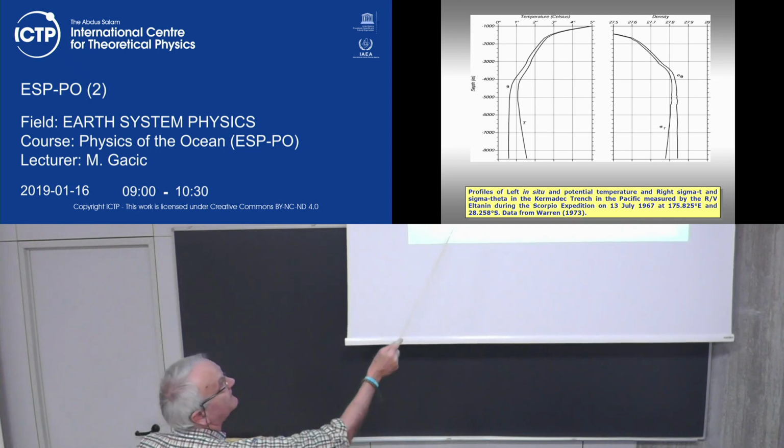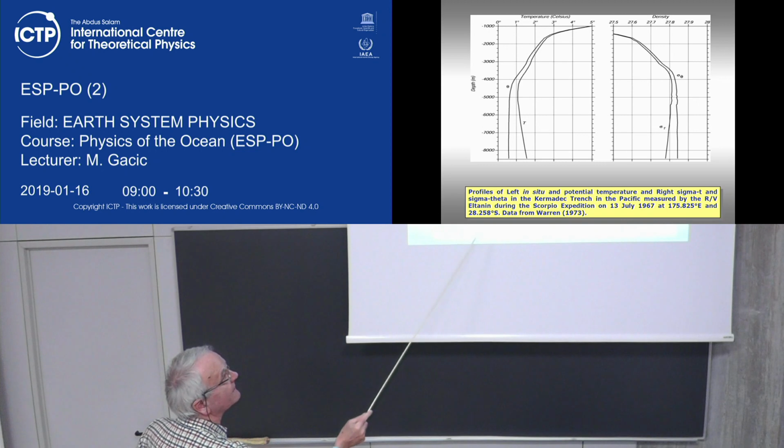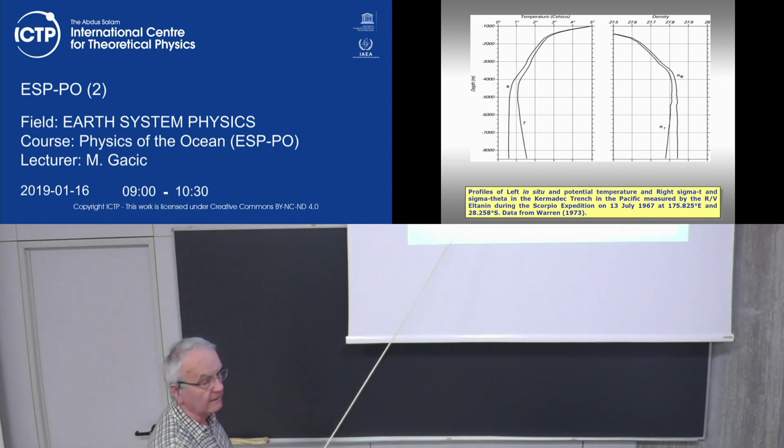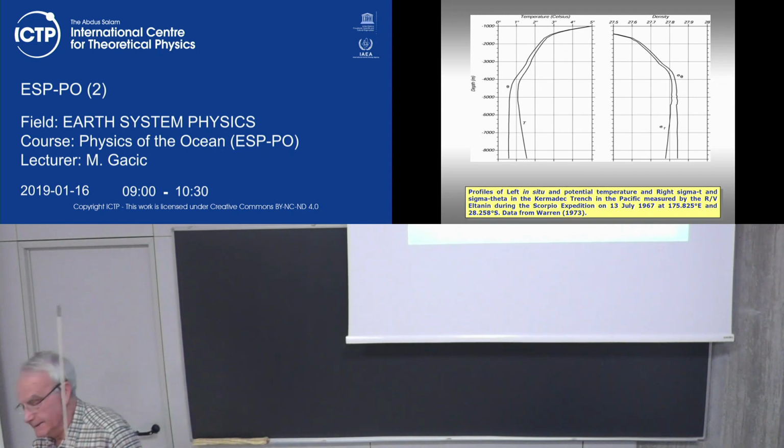At a certain depth, the temperature starts to increase, the in situ temperature. Why does it increase? Because the pressure makes this temperature increase. And if you use this to calculate the density, what would you obtain?